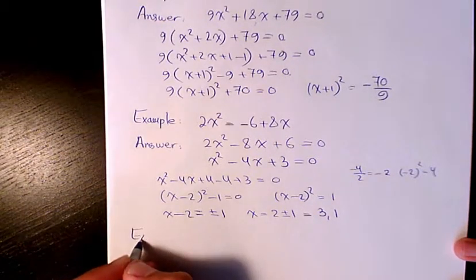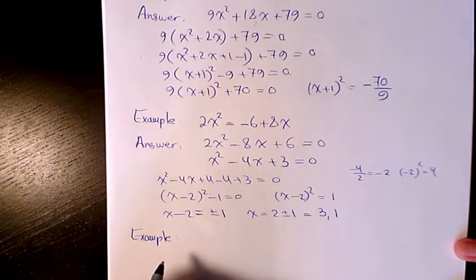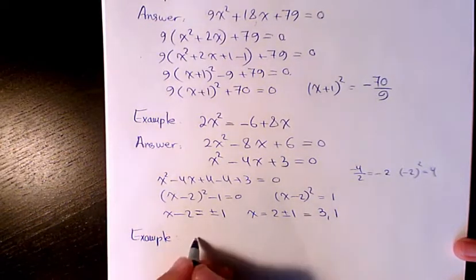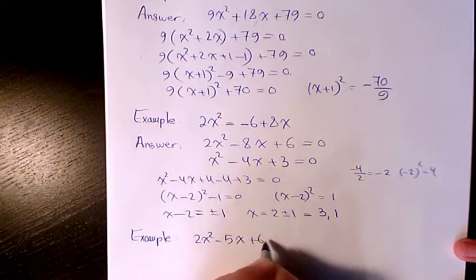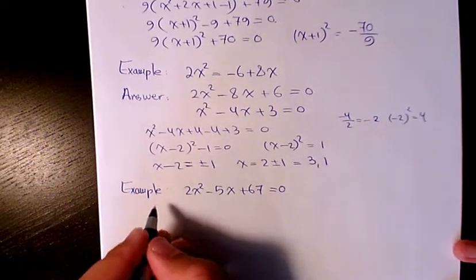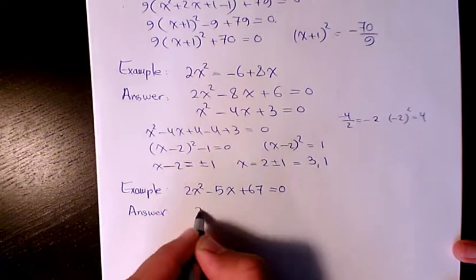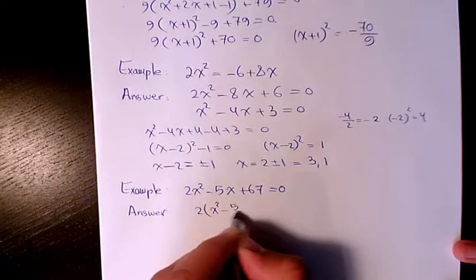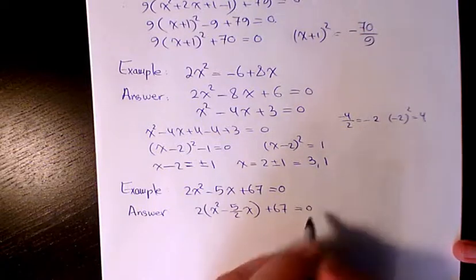Next example is 2x squared minus 5x plus 67 equals 0. So the answer will be, I factor 2 here, x squared minus 5 over 2 x plus 67 equals 0.